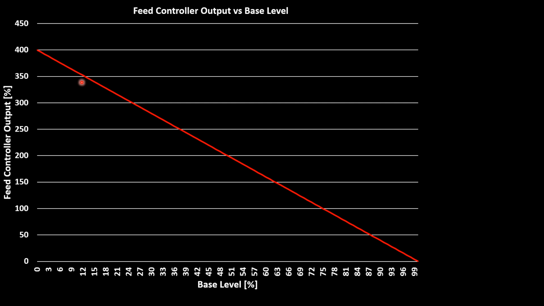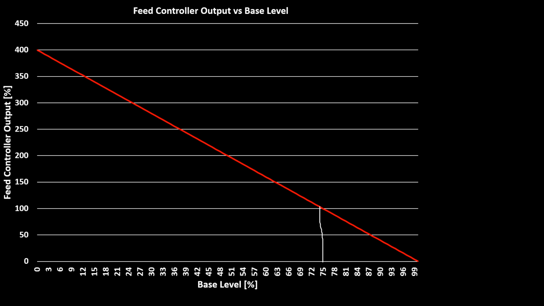So we are not using a PI controller to control the override. As the override controller, we're using a function. This controller output is above 100% until the level gets to 75%.